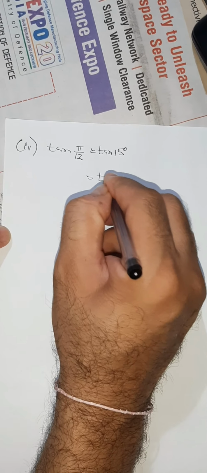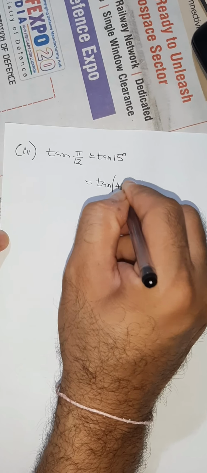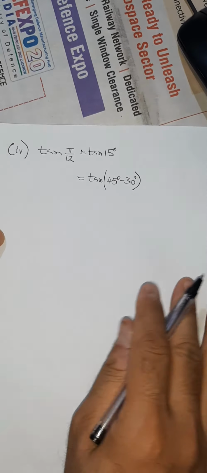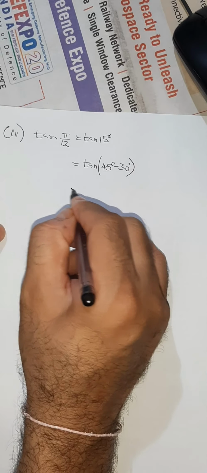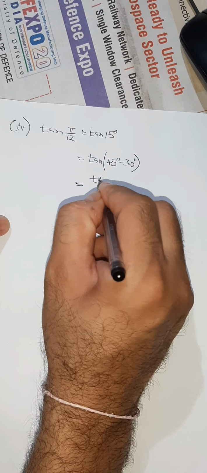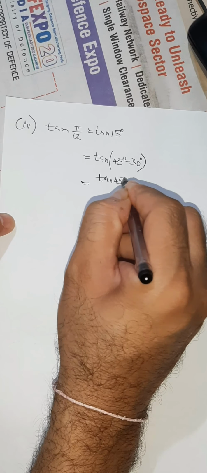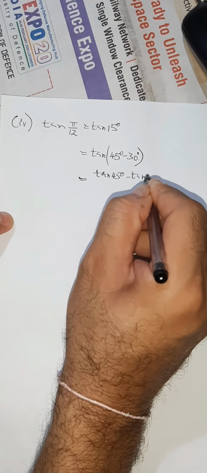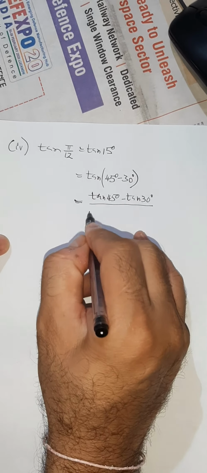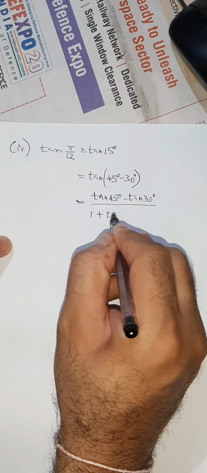So you can write tan 45 minus tan 30. Right? Now we expand by addition formula for tan, you know, tan of x minus y, which is tan x minus tan y upon 1 plus tan x into tan y, if you remember.